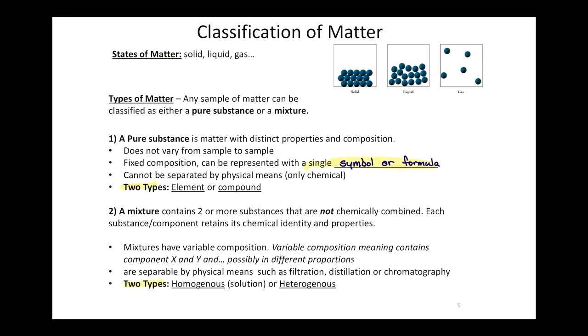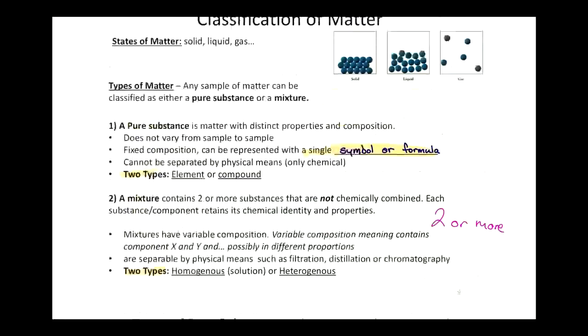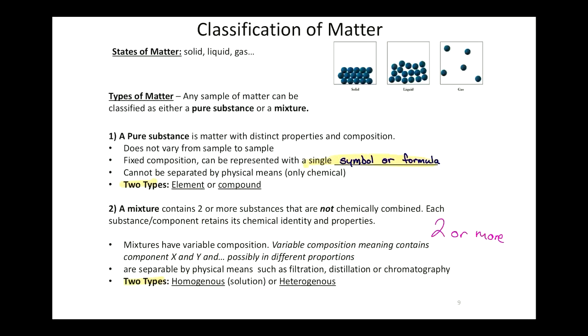A mixture, on the other hand, must be represented by two or more chemical formulas or symbols. The example I like to give is salt water. Salt water is made up of what? Salt and water.